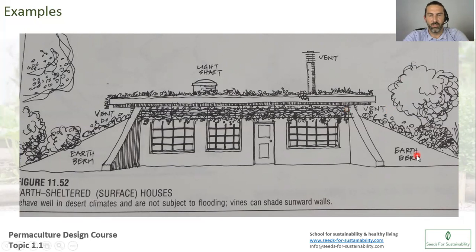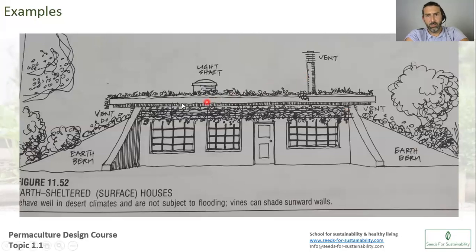Half of the house is under an earth berm, basically, and that already cools down the house and creates a certain climate. We have a natural ventilation system, maybe even with some tunnels, pipes that provide some extra aeration.